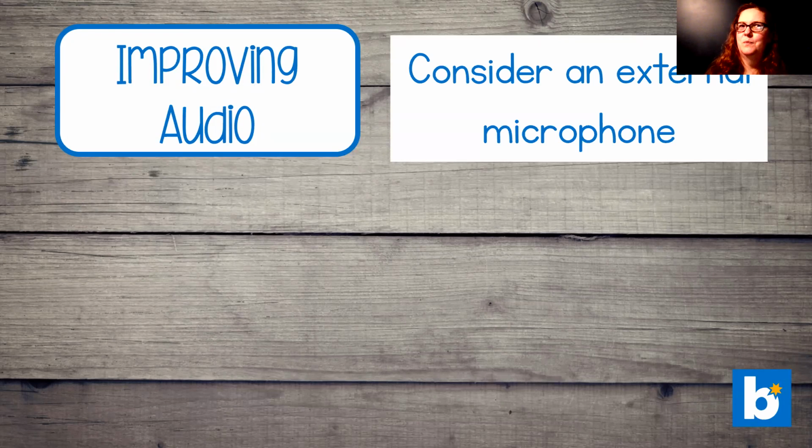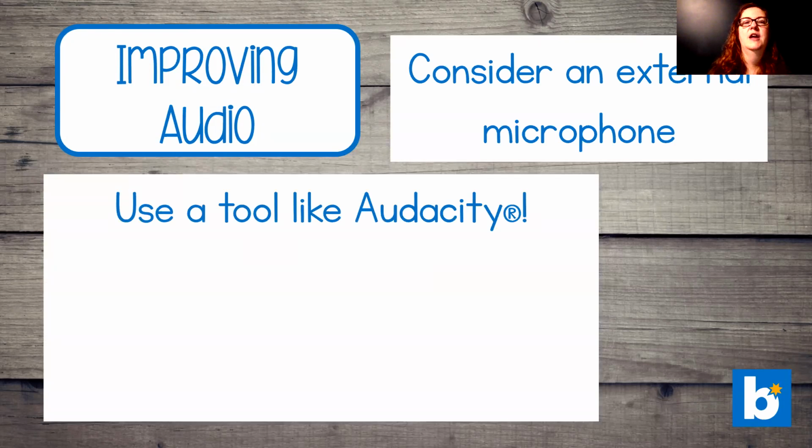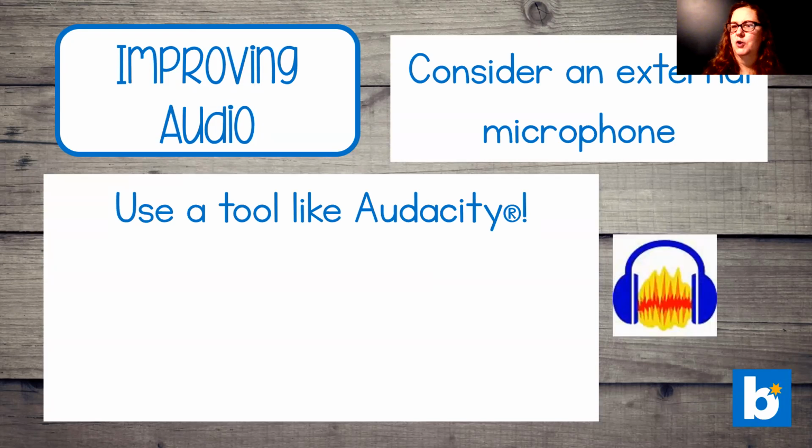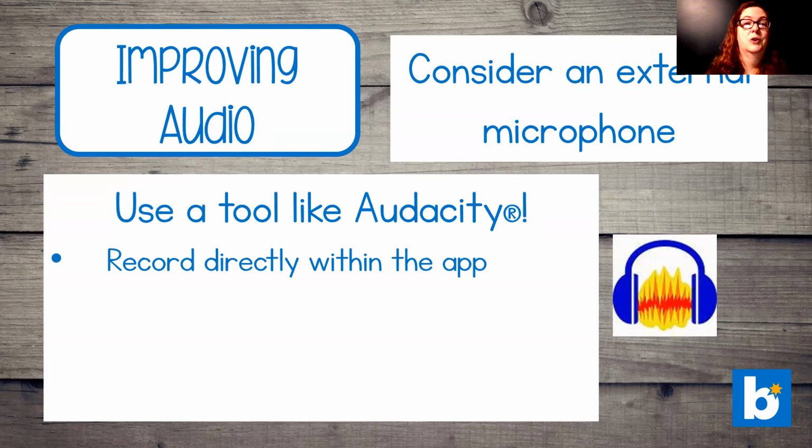And then whether or not you use a microphone, another way to make it better is to use a tool. There's a free tool called Audacity. It's an open source tool, so it's free and it's actually a really great tool. If you're going to record on your PC, and I believe I read that this is on Macs also, you can record directly within the app.